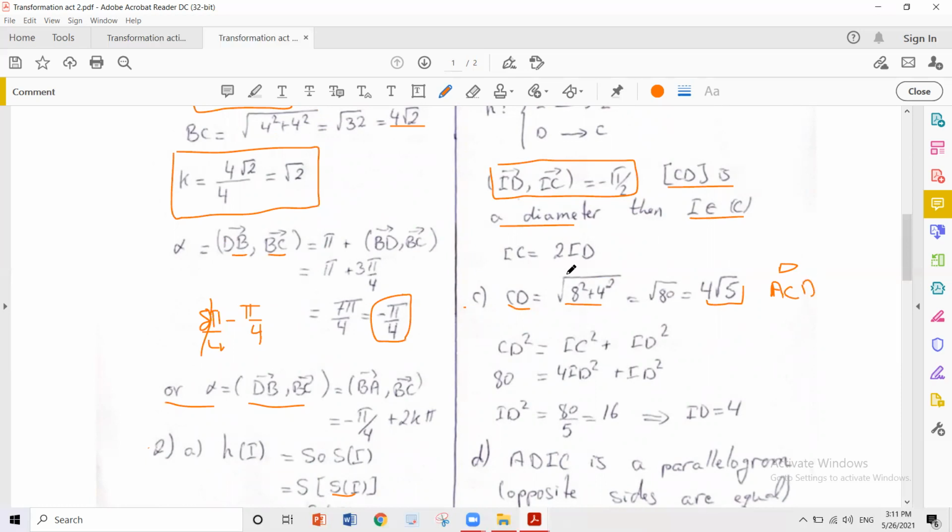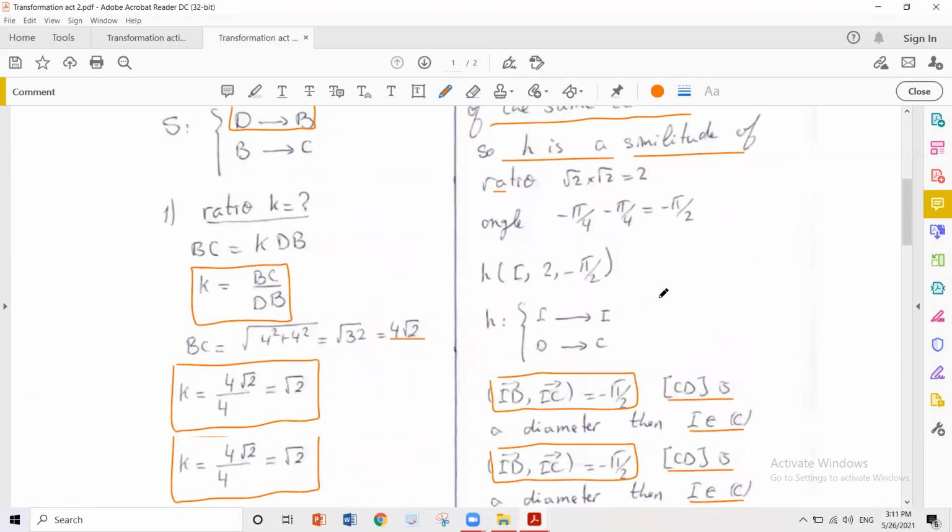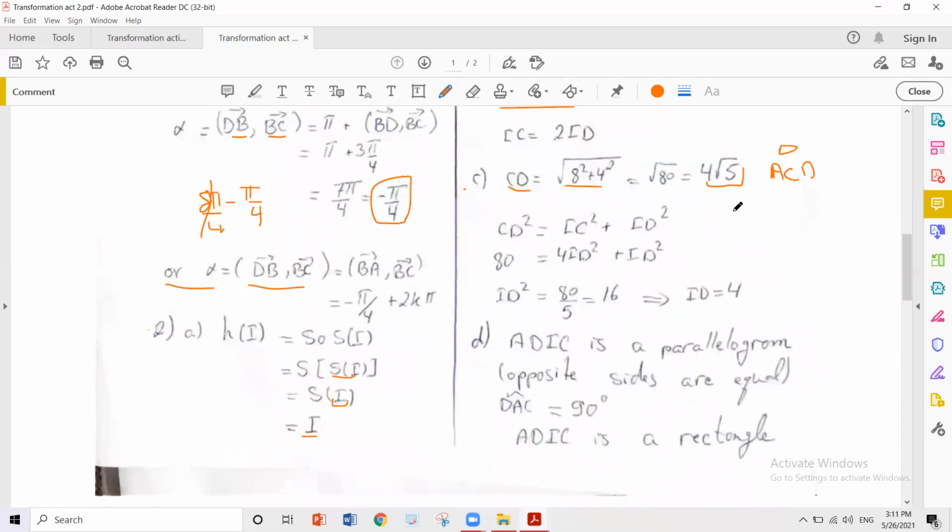Now if I take triangle ICD, we have CD squared equal IC squared plus ID squared.